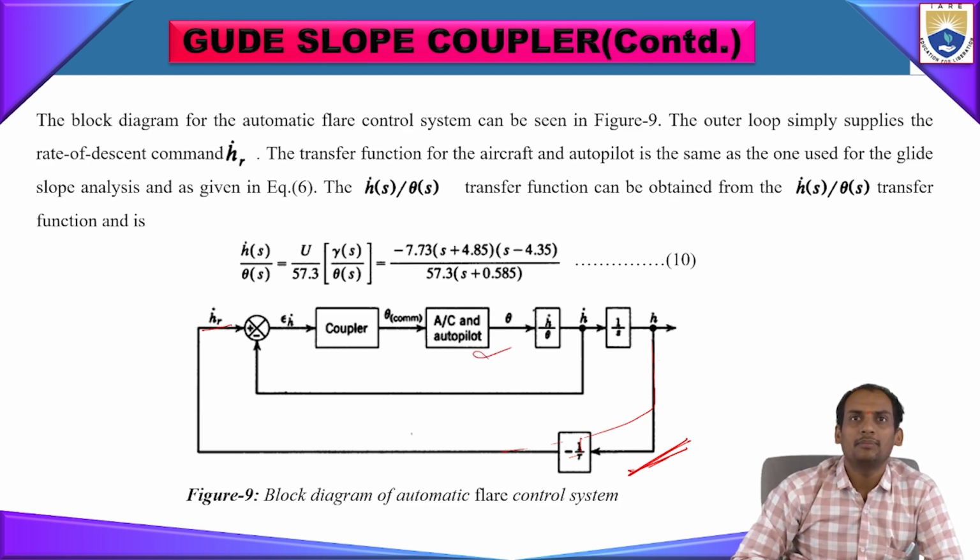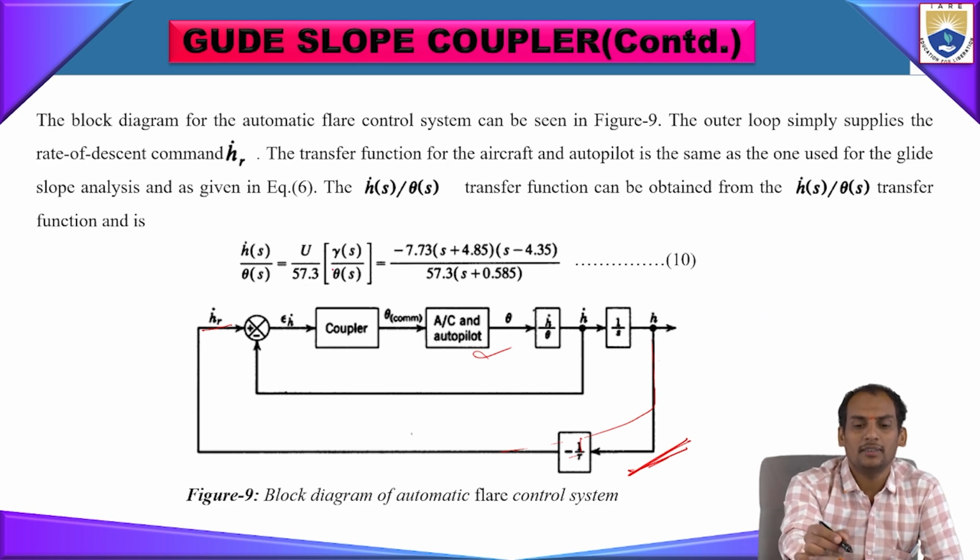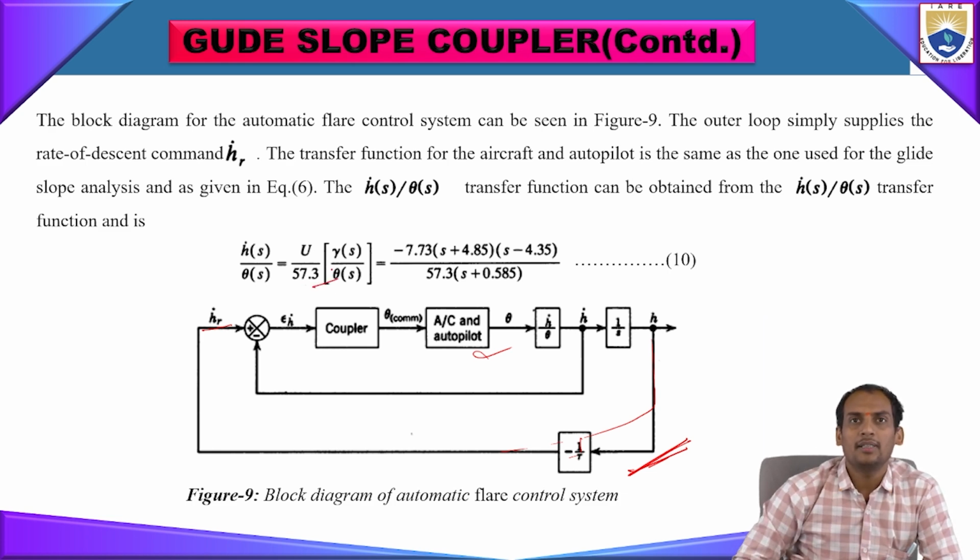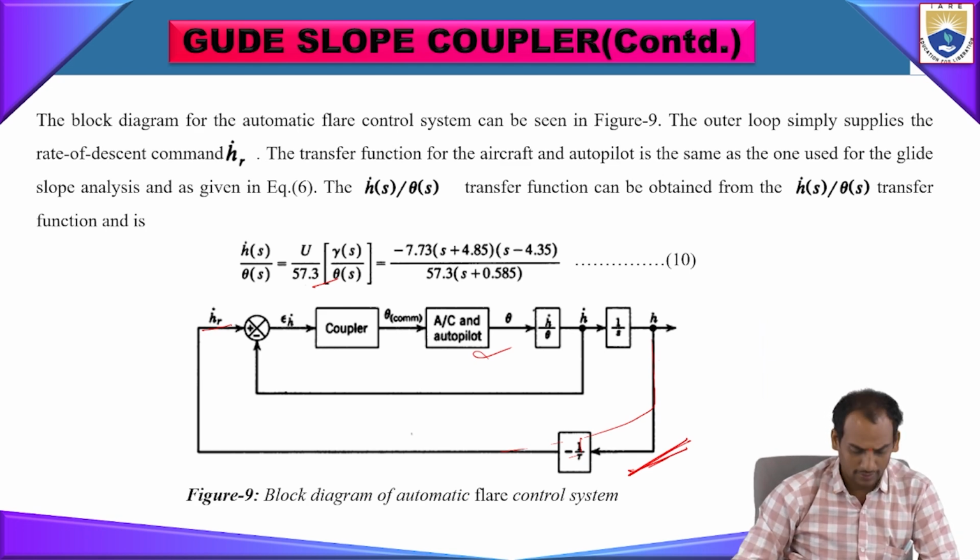So the hs by theta s transfer function can be obtained from the h dot s by theta s transfer function. Remember this from the previous analysis. That is u by 57.3 into gamma s by theta s, which will be equal to minus 7.7 into s plus 4.85 into s minus 4.35 by 57.3 into s plus 0.585.